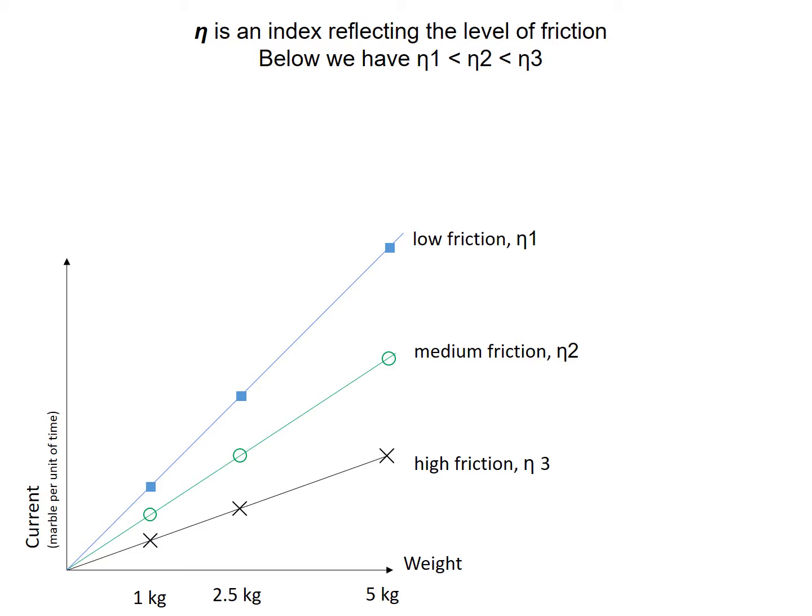Because the curves are lines, we can use the linear equation y equals a constant multiplied by x to express them mathematically. Doing so, we have the expression current equals the weight multiplied by the inverse of eta. We can modify this equation to give the weight equal to the current multiplied by eta.